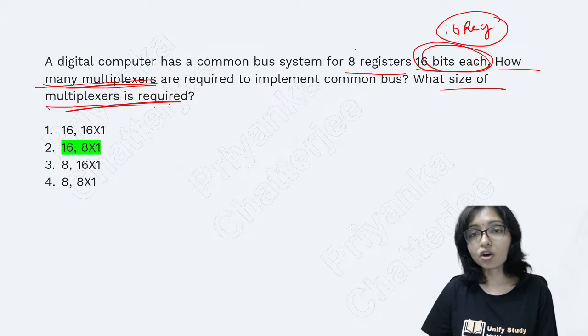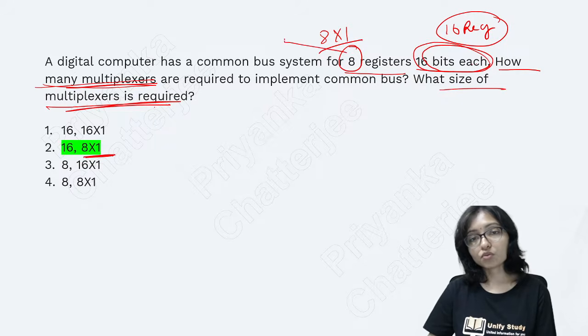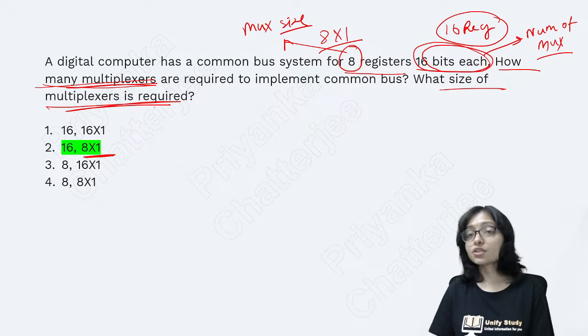That depends on the number of registers. The number of registers is 8, so the inputs will be 8. The multiplexer size is 8 multiplied into 1. So from here I am getting the multiplexer size, and from here I am getting the number of multiplexers.